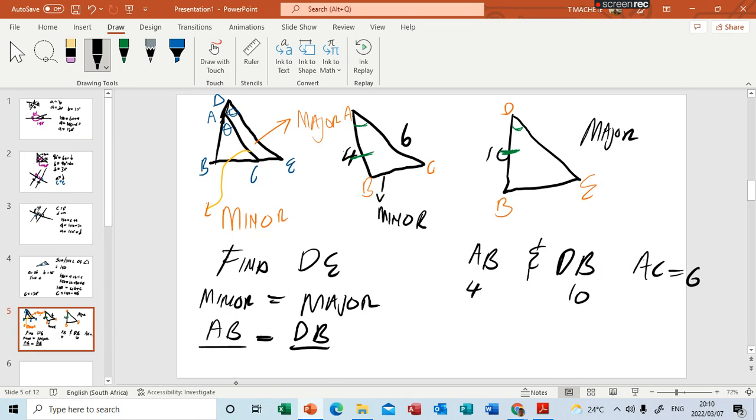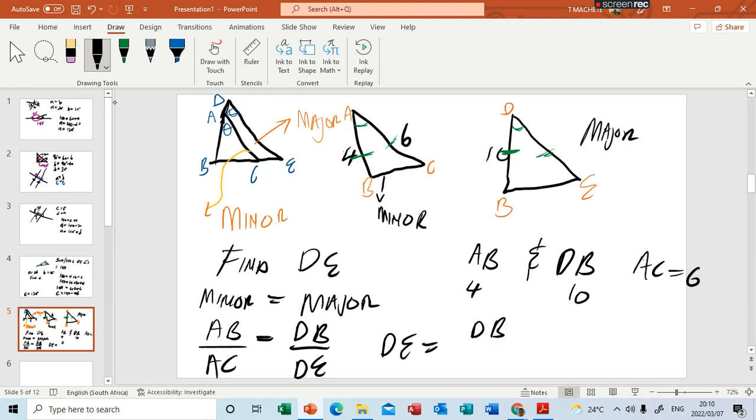Then you're gonna say divide by. On the minor side, you're gonna say the one that you are given, which is AC, is equals to DE. Even if you swap them, guys, it's fine, because at the end of the day, you're gonna have to make one the subject of the formula. So since you're looking for DE, you're gonna say DE is equals to, you cross multiply there.